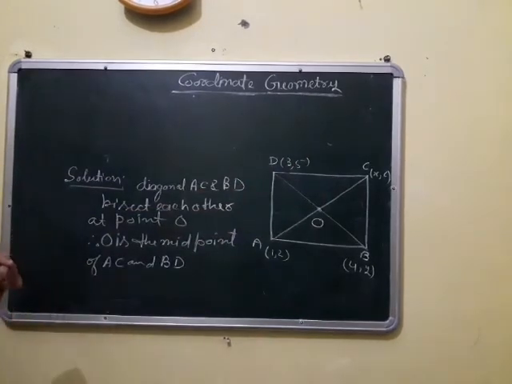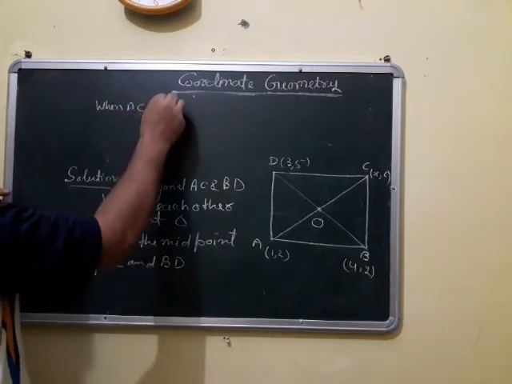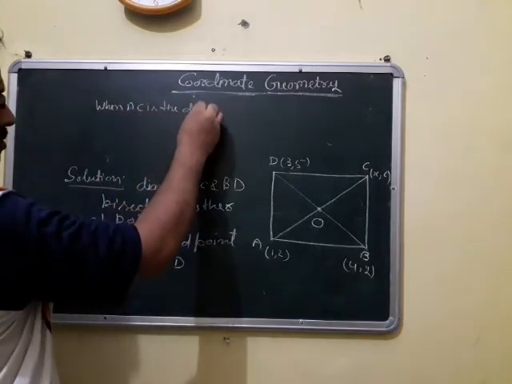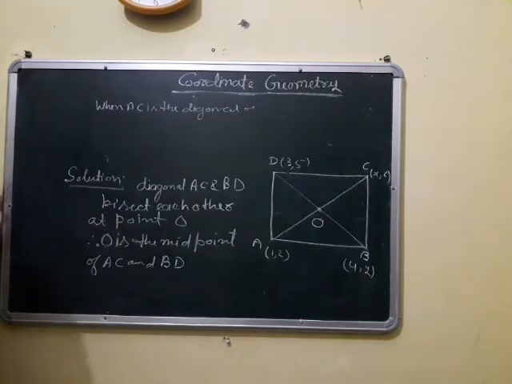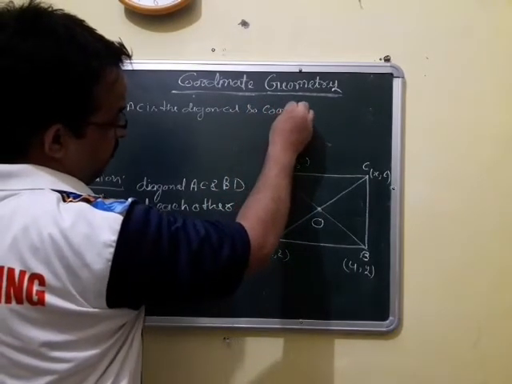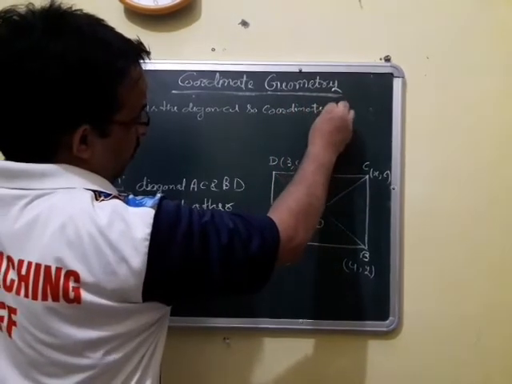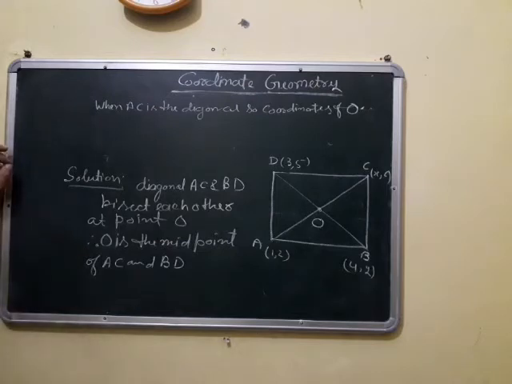When AC is the diagonal, the coordinates of O are ((x1 + x2)/2, (y1 + y2)/2).